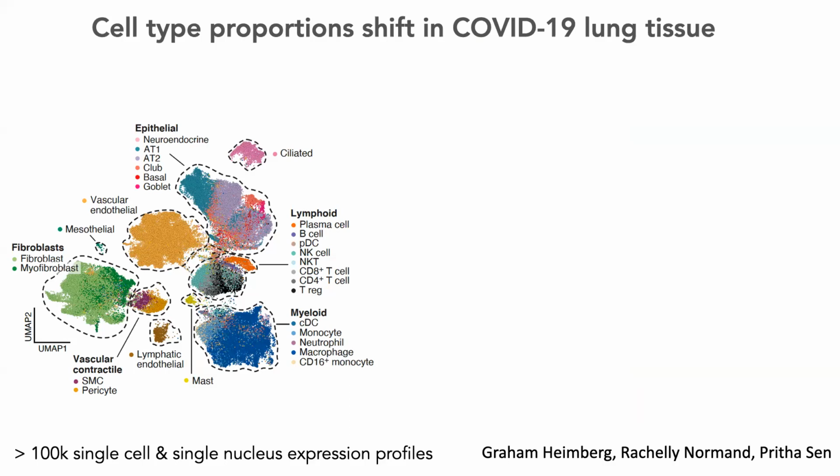To label these clusters, our team developed a novel and automated cell classification approach that leveraged existing annotated single cell data sets of the lung. We also manually annotated the clusters to further refine our cell labels. And with these two approaches, we were able to recover all of the expected major cell types in the lung.